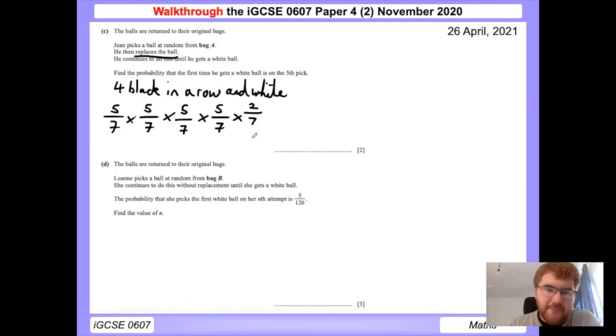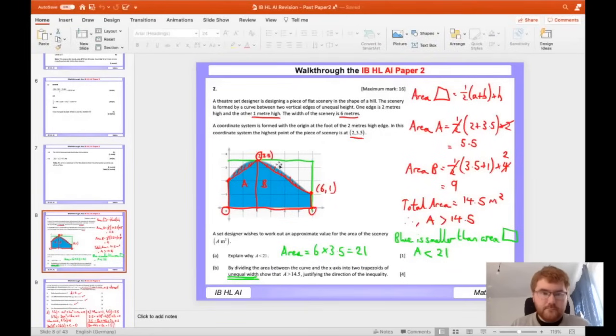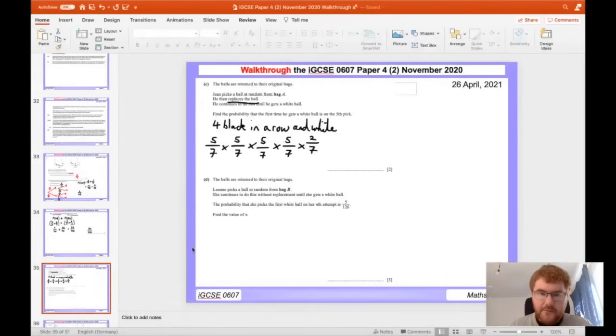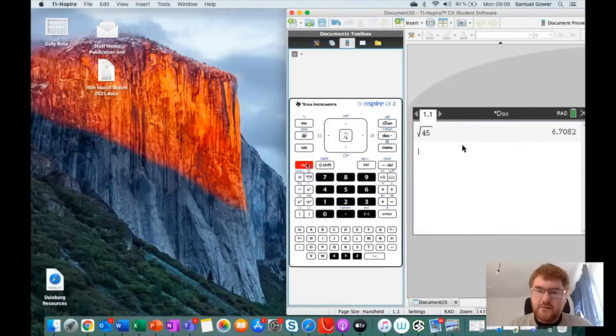So we have a very, very long fraction to work out, which I am going to do on my calculator. Okay, so let me get my GDC out. So control, divide for the fraction, 5 over 7 times, this is going to take patience, so control, 5 over 7.